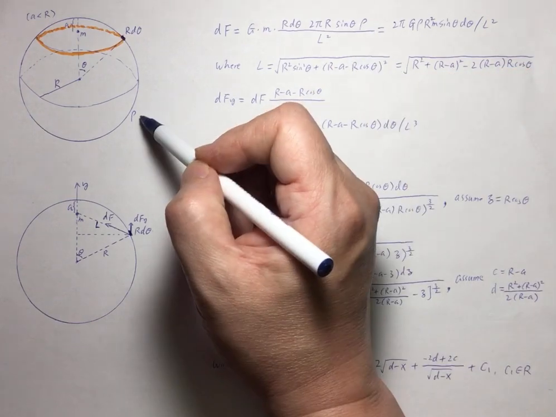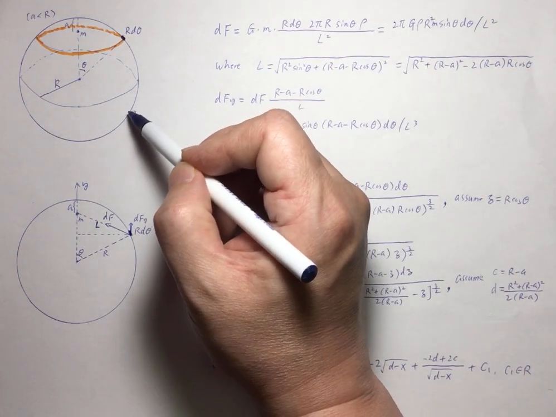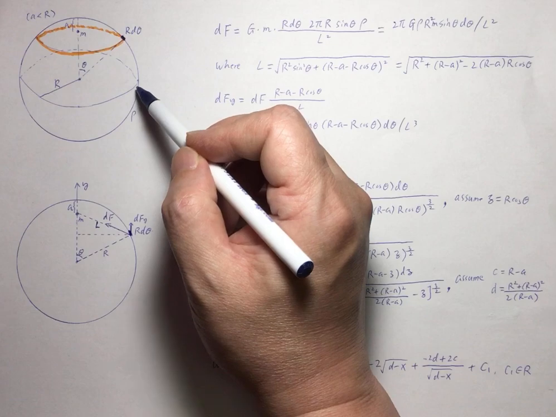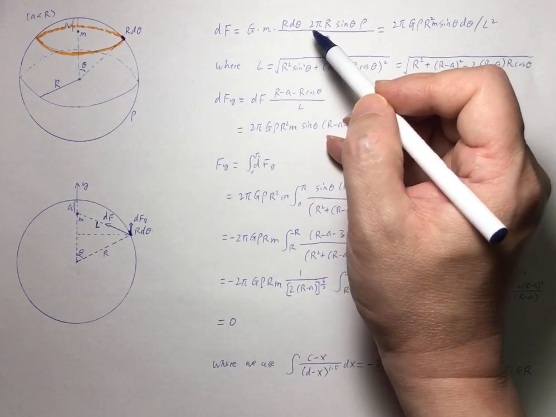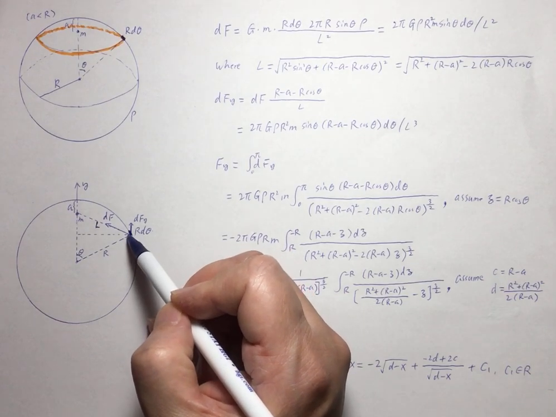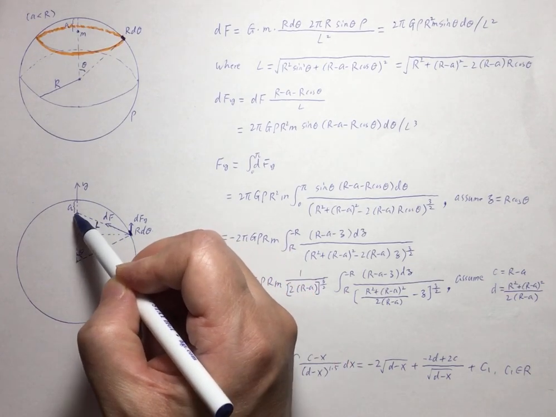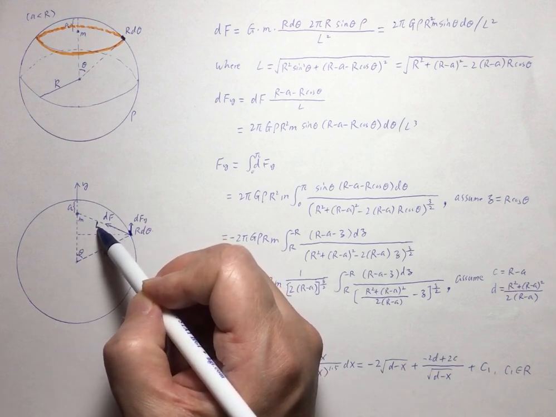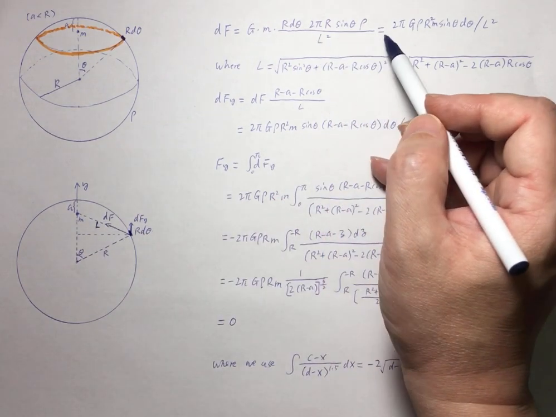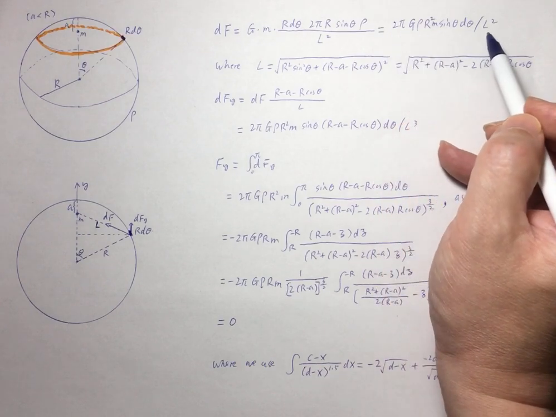Rho is the density of the mass of this hollow ball, and then the distance from this to the small object M, we define the distance as L. So we simplify this to be that.